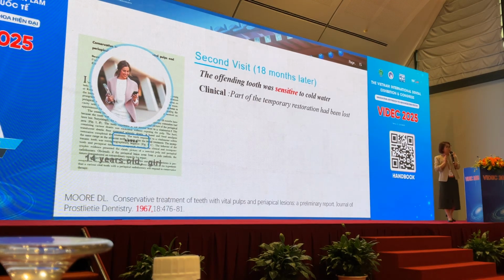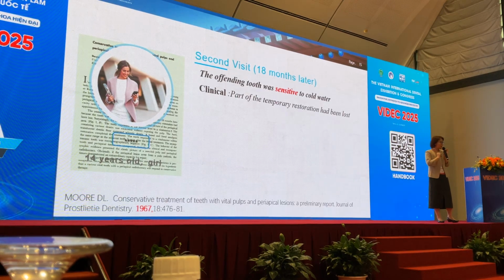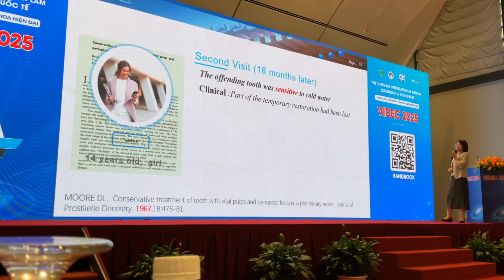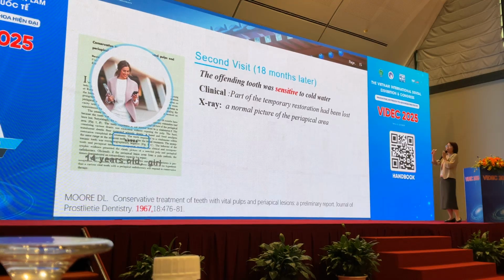It's reasonable, right? Because it's a temporary restoration. But what is not so reasonable and what is unexpected is that the X-ray shows a normal picture of the periapical area. And the radiolucency at the apex of both roots disappeared. And more surprising, the tooth responds at a normal level to a pulp test.